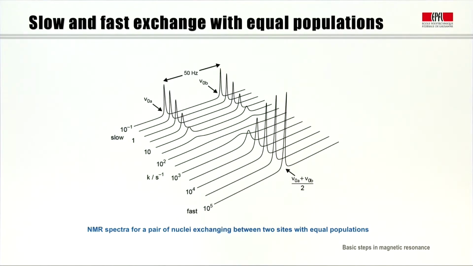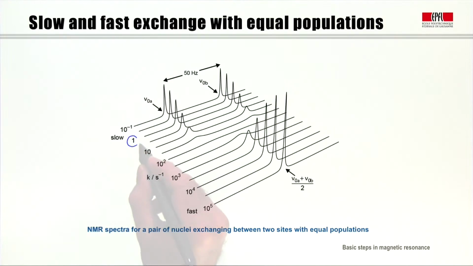Now, in this particular case, where we have equal populations, we can distinguish different regimes. And this picture you can also find on the title page of Peter Hore's book. First of all, it shows the spectra that we see for such cases as a function of the exchange rate. And you will note that this is a logarithmic scale.